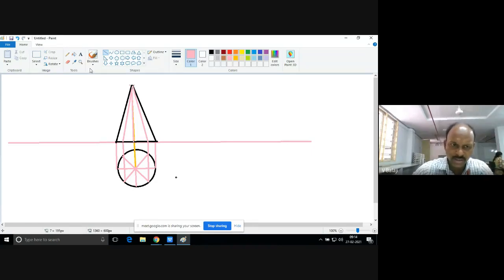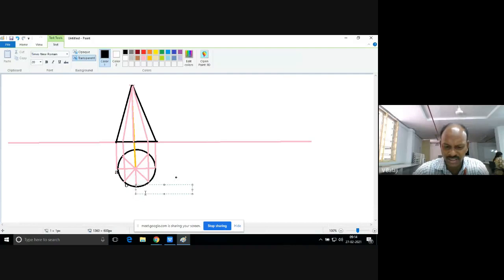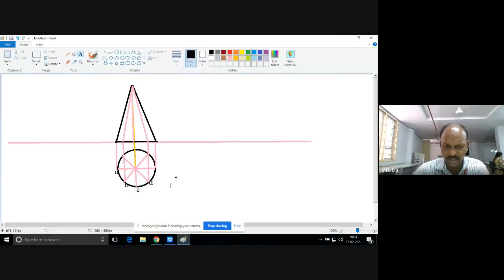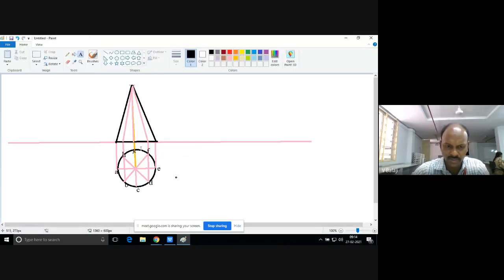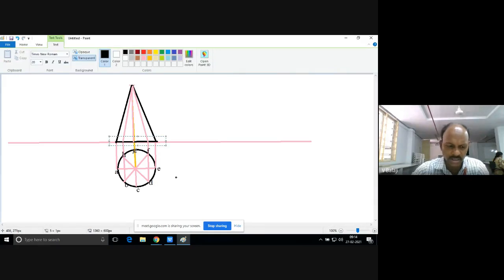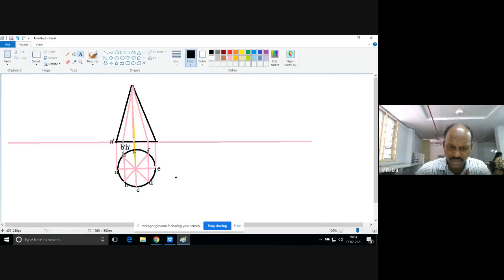So can you name this object? Cone, object A, B, C, D, E, F, G, H. If you name the object properly, that will guide you on what to do next. Then B dash, H dash, E dash, G dash.